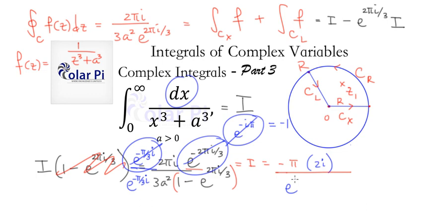E to the negative pi over 3 times I, and then when I distribute this to that, it's going to say, well, first I have the minus sign, but after the minus sign it's going to say e to the positive pi over 3 times I. And of course I have the 3a squared as well, and I'm going to write that in red. So 3a squared.